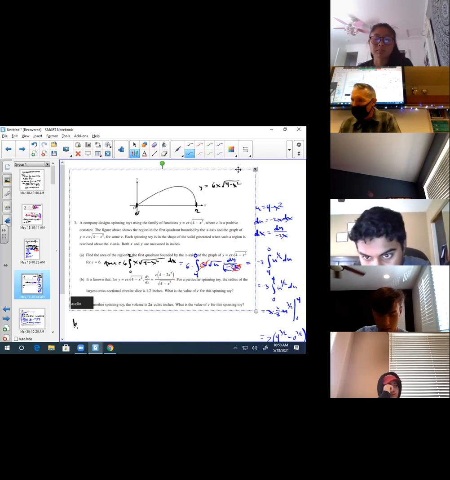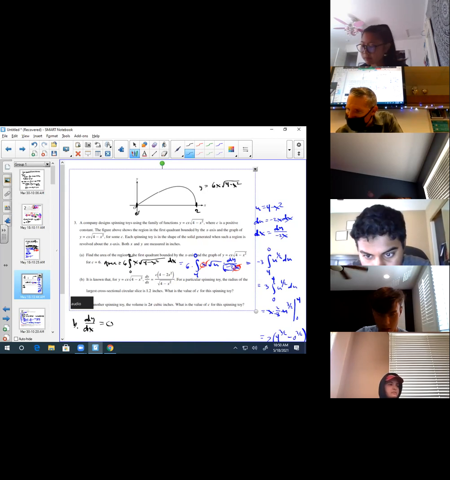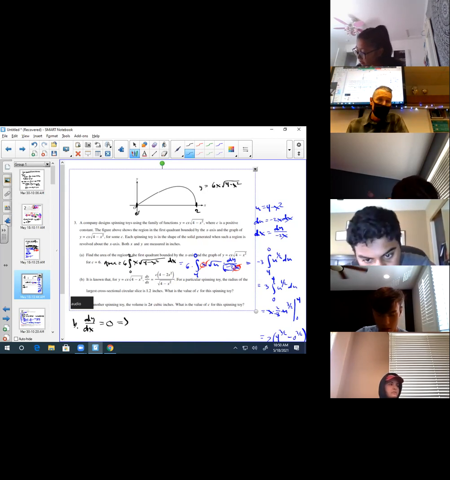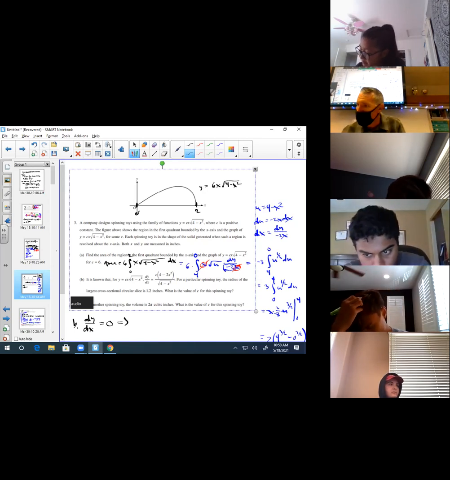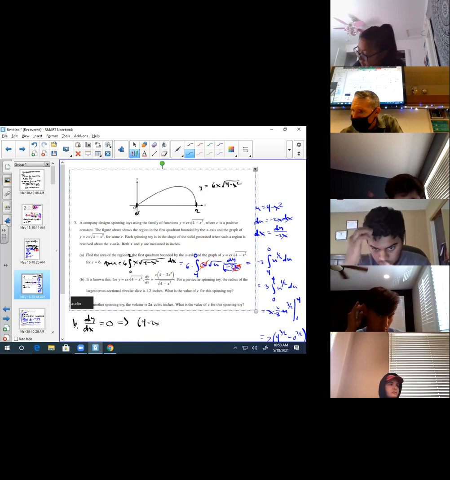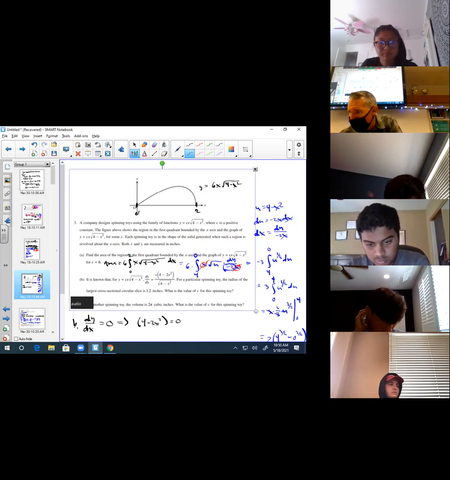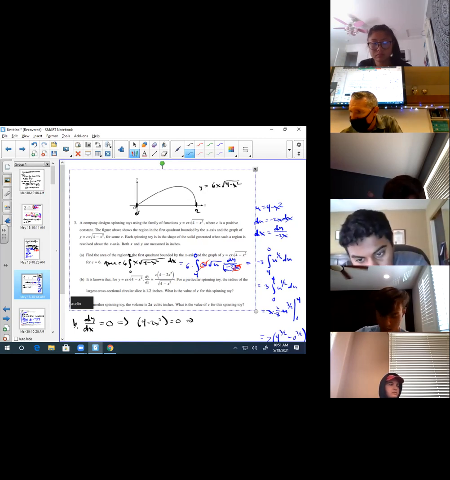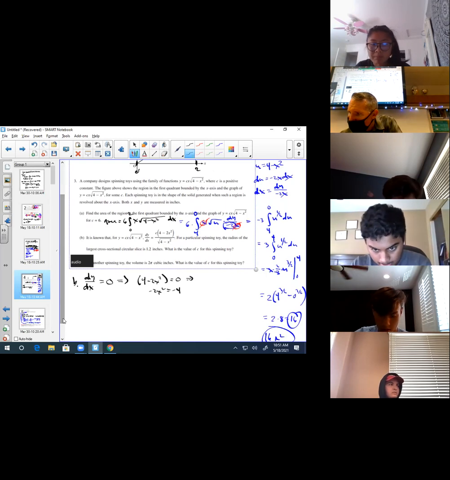So for part B, dy/dx equals 0 when what? The numerator equals 0 and the denominator does not. So that's 4 minus 2x squared equals 0, which is when negative 2x squared equals negative 4, x squared equals 2, x equals plus or minus root 2.